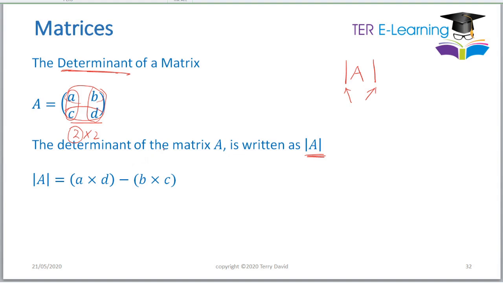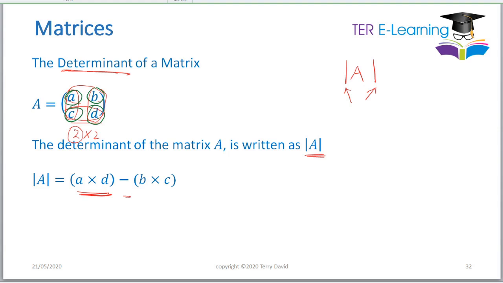Now there's a formula to find the determinant of a 2 by 2 matrix. What we do, we take this element here, which is A, and we multiply by D, right? So that's the first part. So we say A multiplied by D, and then we must subtract B multiplied by C. So the B in this case here is this by this, right?